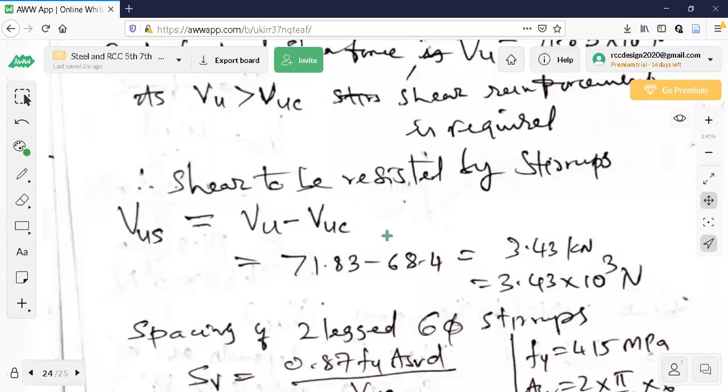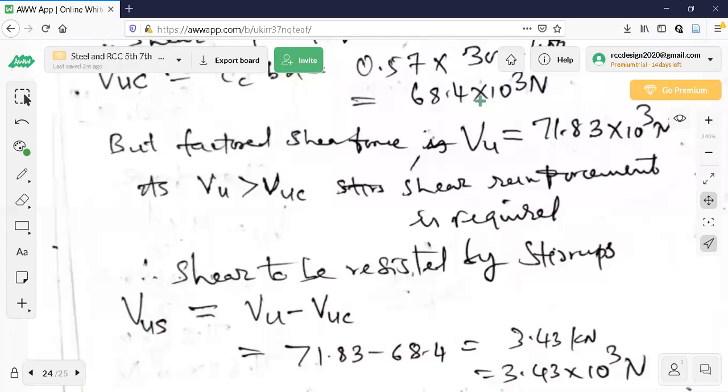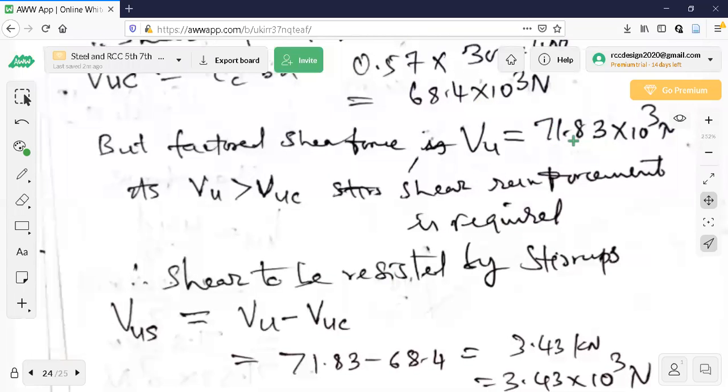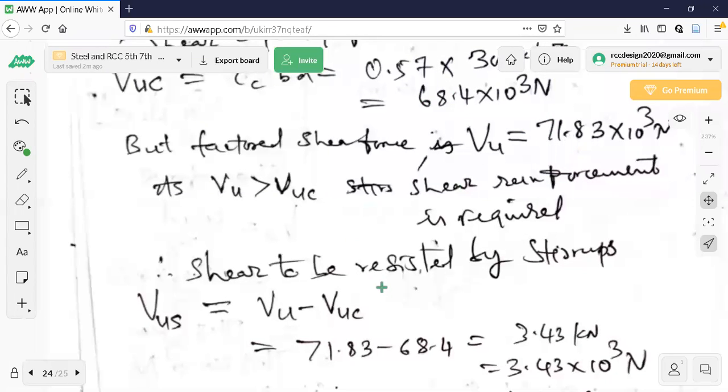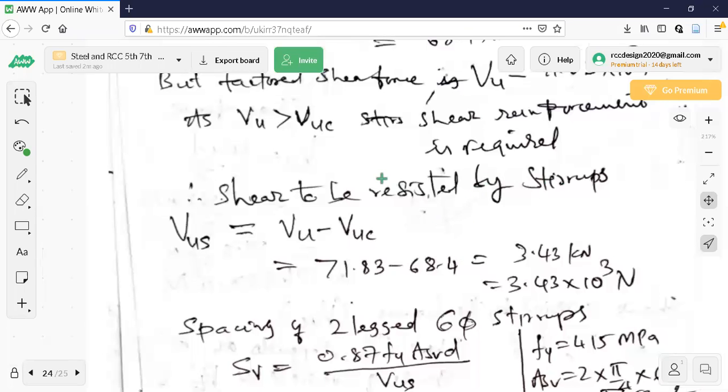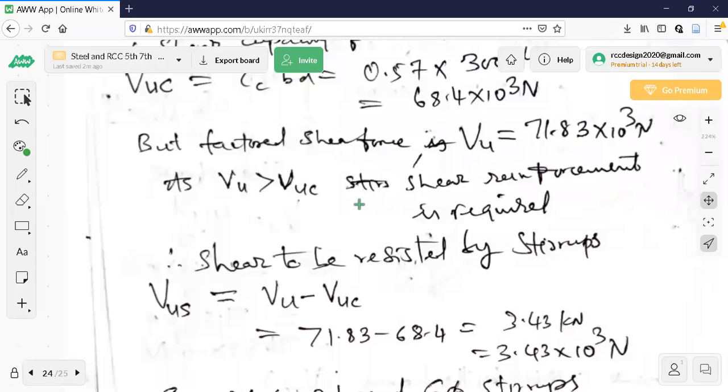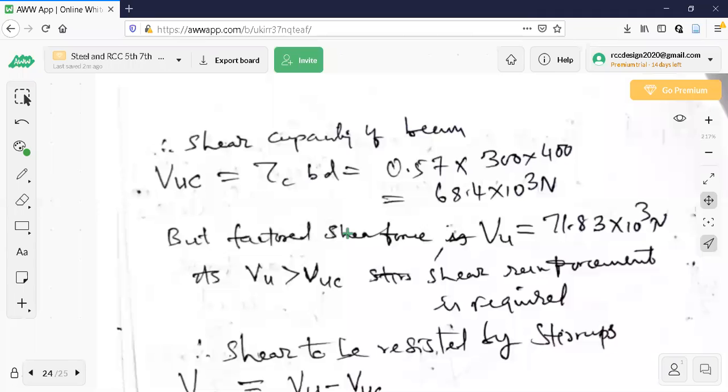You have to find out the difference between these two. Because out of 71.83, the beam is capable of taking 68.4. Find out the difference. For that difference, I need stirrups for the beam. Shear to be resisted by the stirrups. How much is the shear to be resisted? Because already the beam is capable of 68.4 out of 71.83.